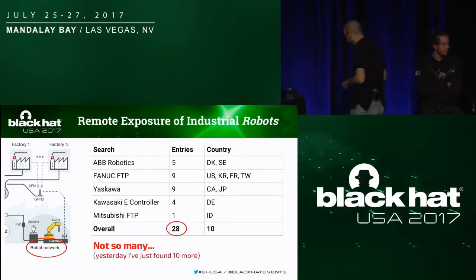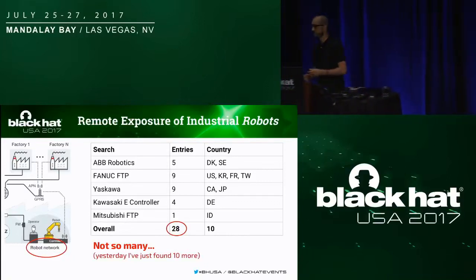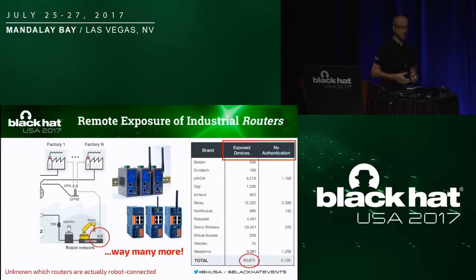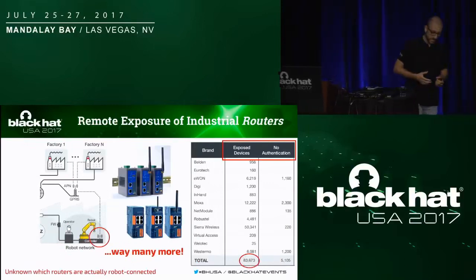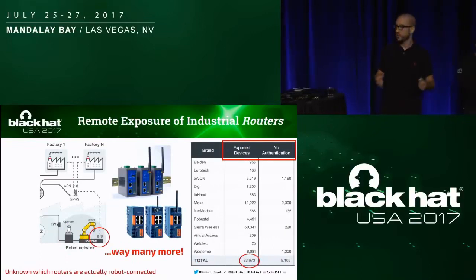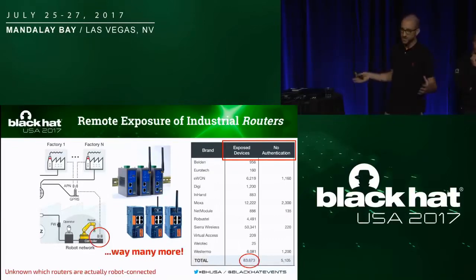Actually, if you change your point of view, and instead of looking for the robots, you look for the brands of the routers that are used to connect these robots, you're going to find a much more interesting picture. We searched for the 12 top manufacturers of industrial routers. We haven't focused on generic network equipment manufacturers such as Cisco, simply because they produce a wide variety of products.